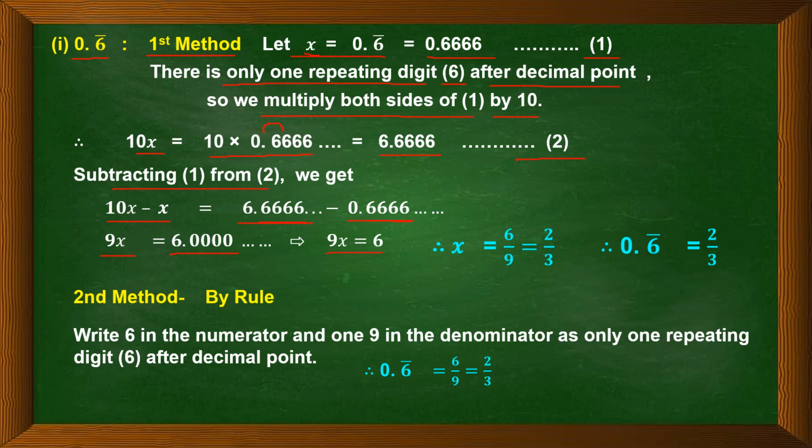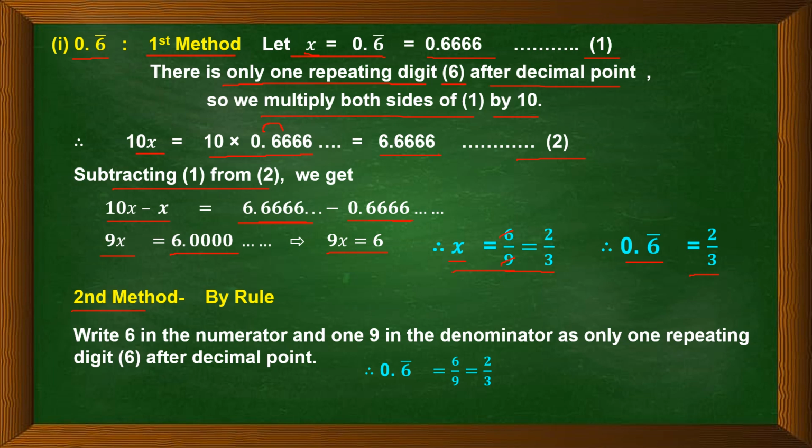So we can say 9x is equal to 6. After cross multiplication we will get x is equal to 6 by 9, which by further simplification, cancelling by 3, we will get 2 by 3. And what was x? X was nothing but 0.6 bar. So we can say the P by Q form of 0.6 bar is 2 by 3.